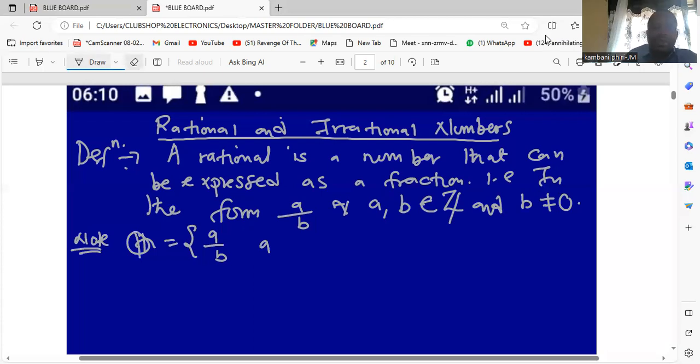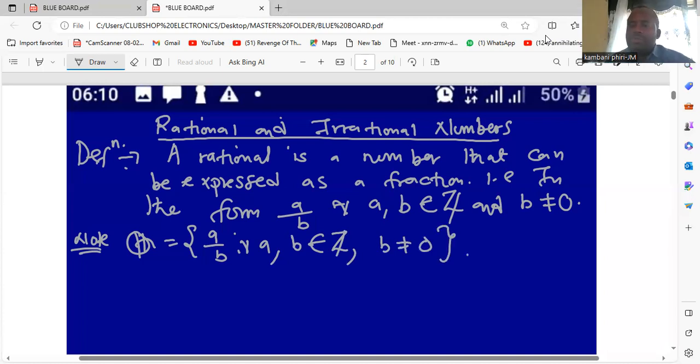That symbol is a symbol for rational number, that is A, B belong to the set of integers, and that B is never equal to 0, as a matter of emphasis. So as long as you're able to do that, then that is a rational number.